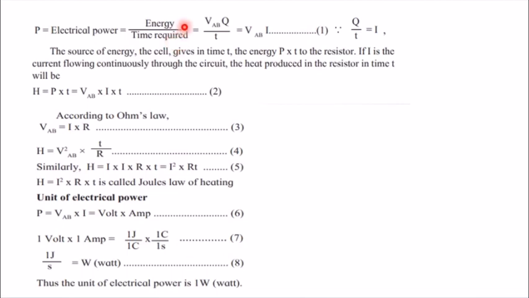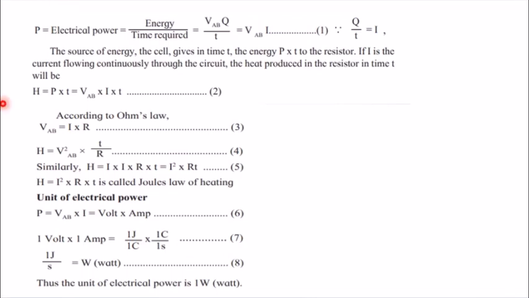The energy that we used there was VQ, that is V, the potential difference, and Q, the charge, upon the time t. Now we all know that Q upon t is I, that is, current is equal to charge upon time. We have learned this in 9th standard. So Q upon t is I. So P becomes VI.